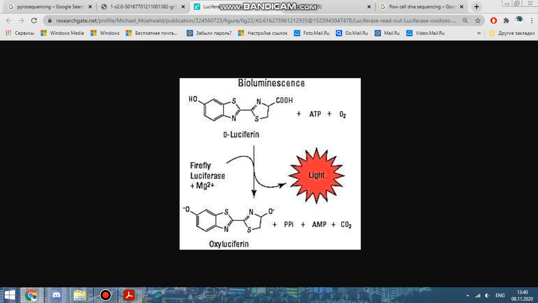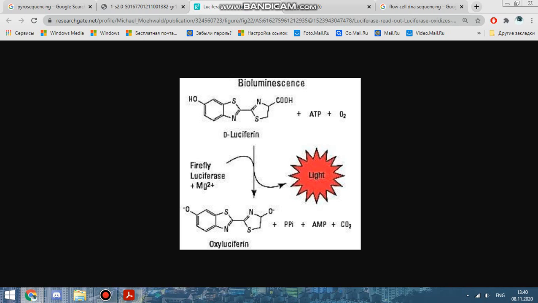And I think that you should clearly understand the oxidized and the reduced forms. For example, luciferin is the reduced form, because we have the hydrogen atoms here and here in the hydrogen bond, and here is the carboxy group.